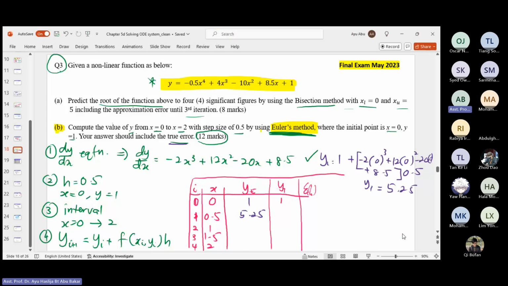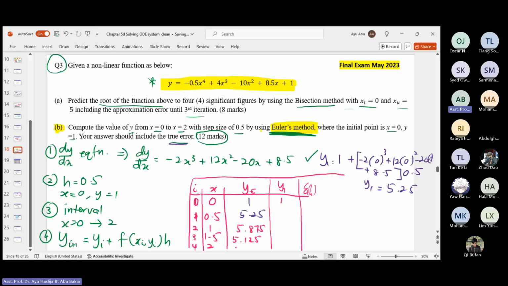Okay, y2, what do you get for y Euler? 5.875. Correct, 5.875. Y3, 5.125, correct.